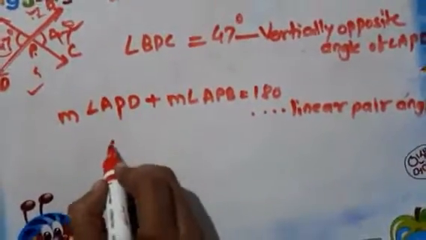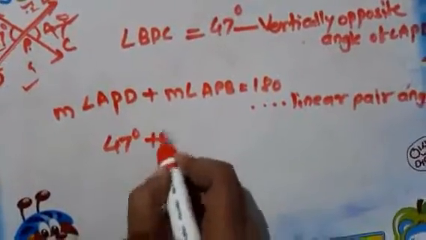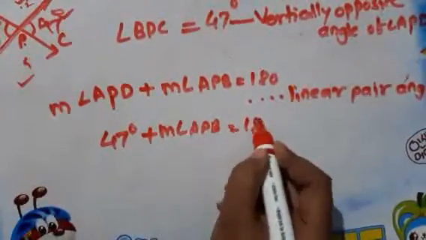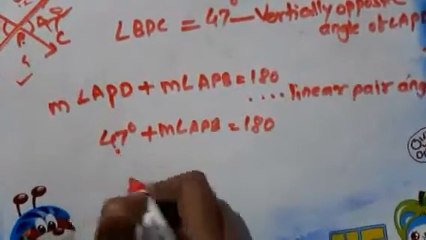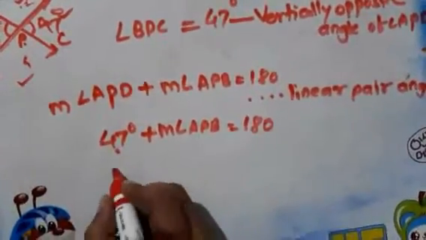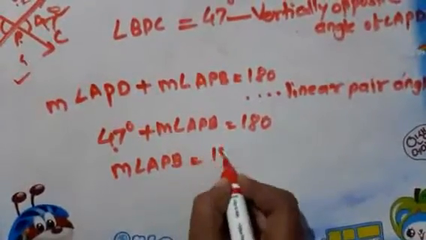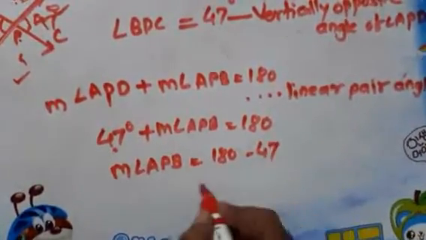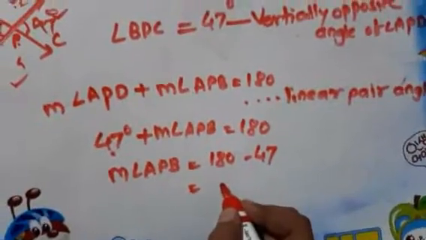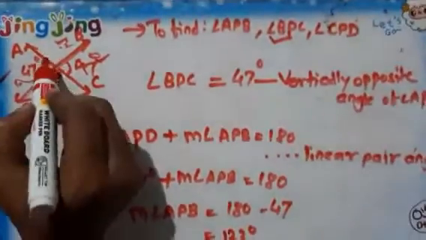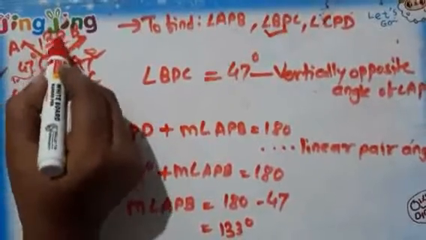So APD is how much? 47 degrees plus measure of angle APB is equal to 180 degrees. This 47 we will send here, it will become minus, measure of angle APB is 180 degrees minus 47 degrees, it will be 133 degrees. So this angle we got as 133.